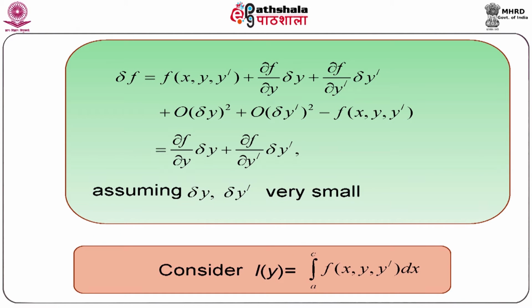The variation of f is denoted by delta f. So, delta f gives the variation of the function f.